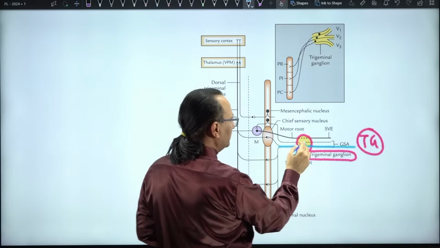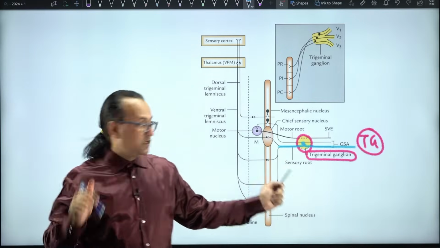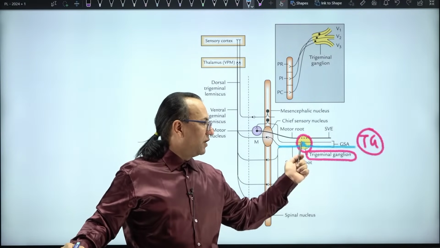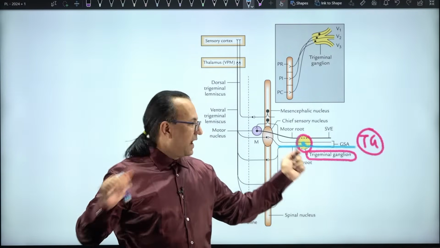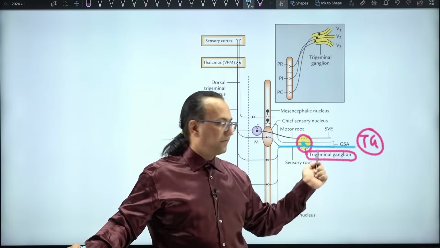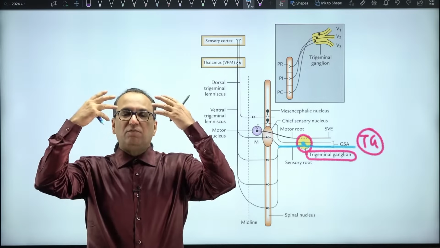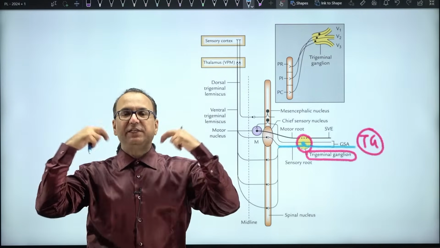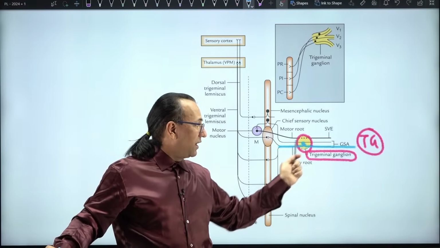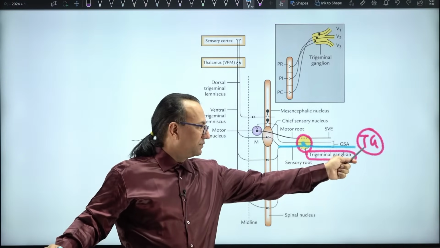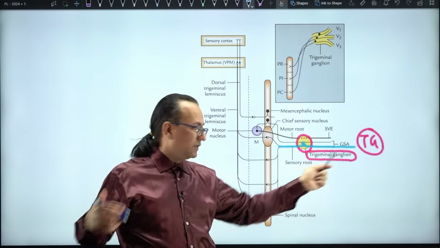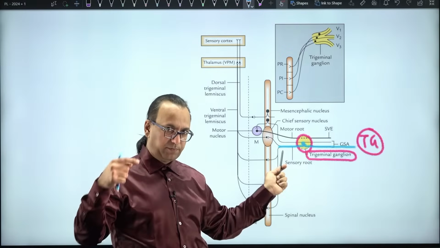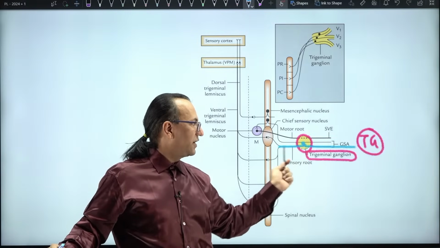They are the first order neurons. So the trigeminal ganglion has the neuron bodies which are first order neurons, and they carry sensation from the face. Now from the face, most of the sensations are received by the trigeminal nerve, and the fibers reach the trigeminal ganglion. This is the receiving end, the sensation coming to the neuron body, and this is the sending end, or central process. That is the peripheral process, this is the central process.